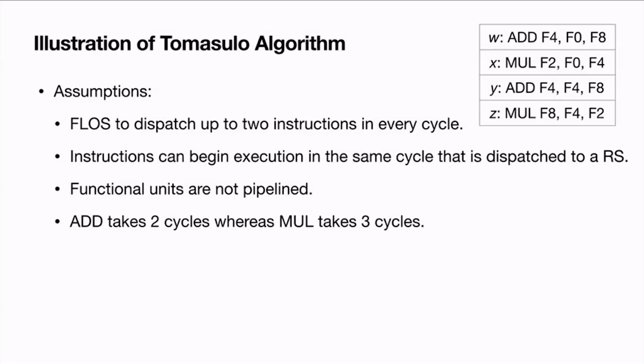Instructions can begin execution in the same cycle in which they are dispatched to the reservation station. Similar to the original design, the functional units are not pipelined. An add takes 2 cycles latency, whereas a multiply takes 3 cycles latency. That means once we give an instruction to the adder, the result will be produced after 2 cycles, and if we give the instruction to the multiplier, the result will be produced after 3 cycles.